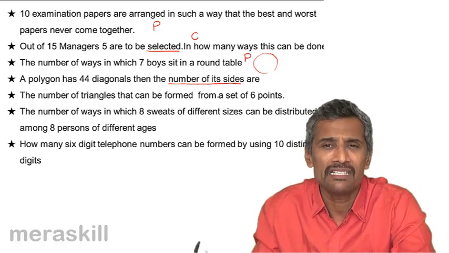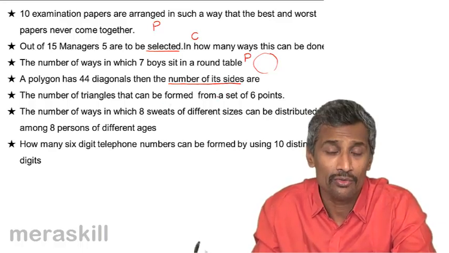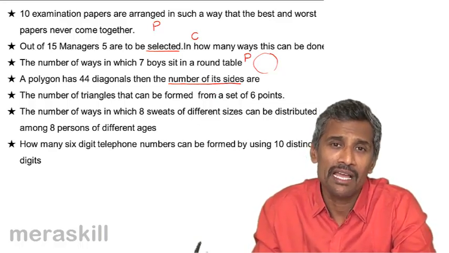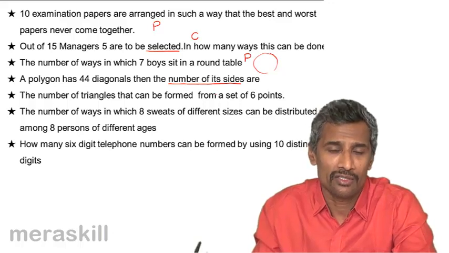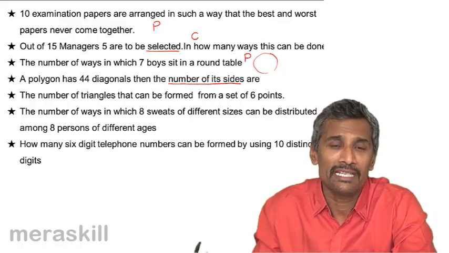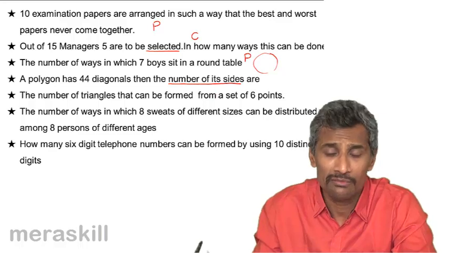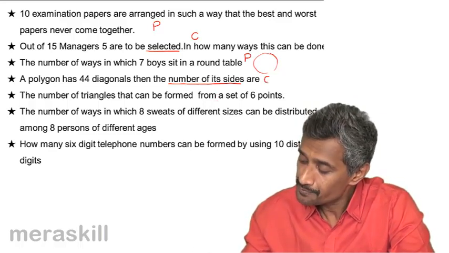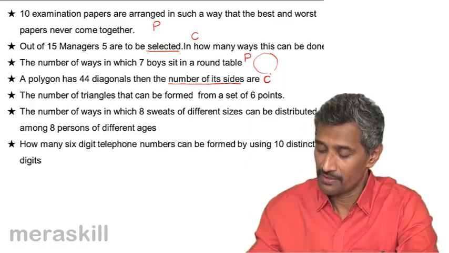So it is basically just selecting 2 non-consecutive vertices of the polygon and joining them to get a diagonal. The order in which you select A and C or C and A is not important. So it is just selection, so definitely it is a case of combination.